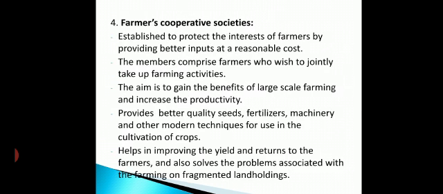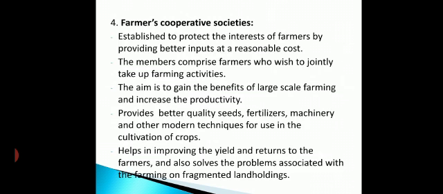Fourth one is farmers cooperative societies. Now these societies are established to protect the interest of farmers by providing better inputs at a reasonable cost. The members comprise farmers who wish to jointly take up farming activities.